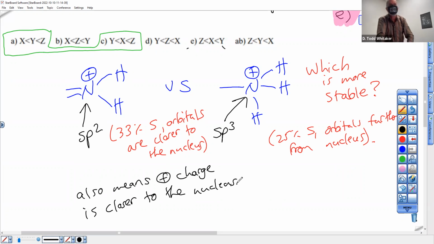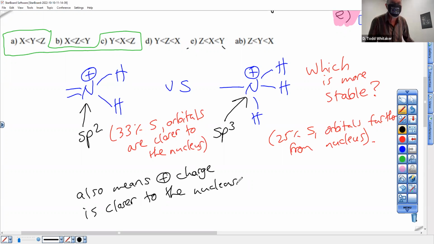What's in the nucleus? There's only two things. Protons, what charge? Positive. Is it good to have positive near positive? I find it repulsive myself. And you would too if you were a plus charge getting close to a nucleus. I'm out of here. Give that proton away. Too close to the plus, too close to the nucleus. Get it out of here.